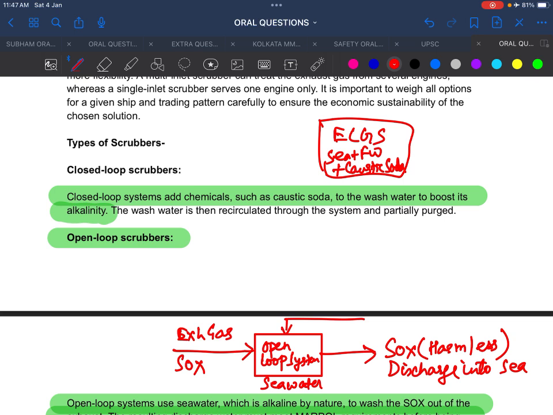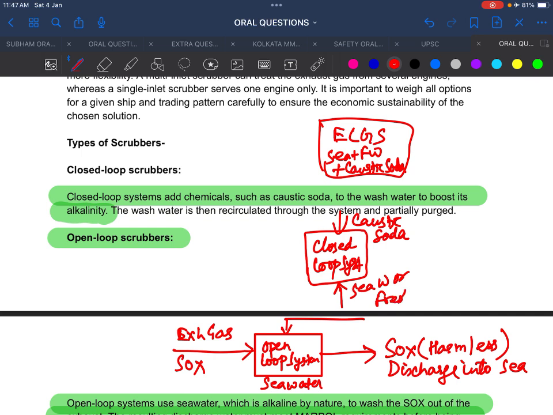It means that here we take a closed loop system. This is the closed loop system, and we add this caustic soda, seawater or fresh water, and after that here this SOx, and after that we recirculate this also.